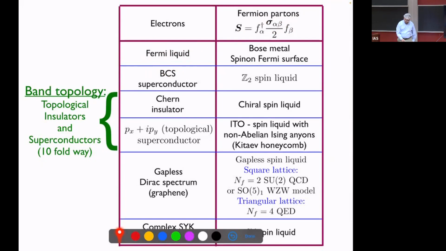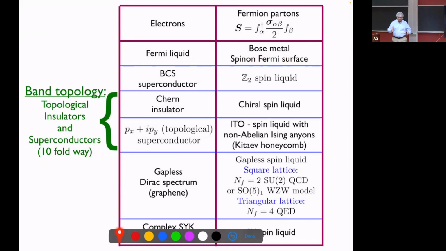All right, so in this case, we take partons. They'll also form a spinon Fermi surface, just like electrons form a Fermi surface. And now we'll call the partons spinons here. The partons on the Fermi surface will interact with the gauge field. So this is not quite a free Fermi problem. It's not a Fermi liquid.